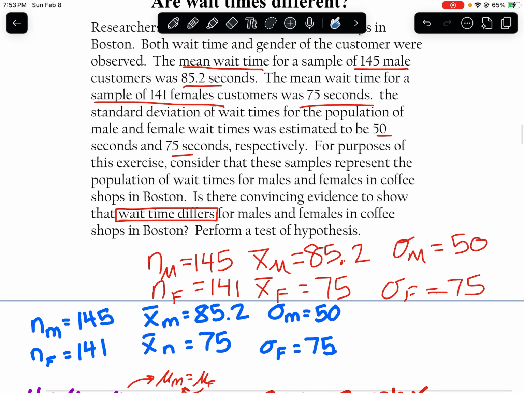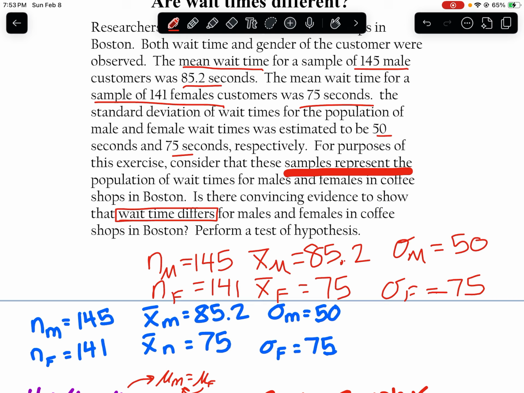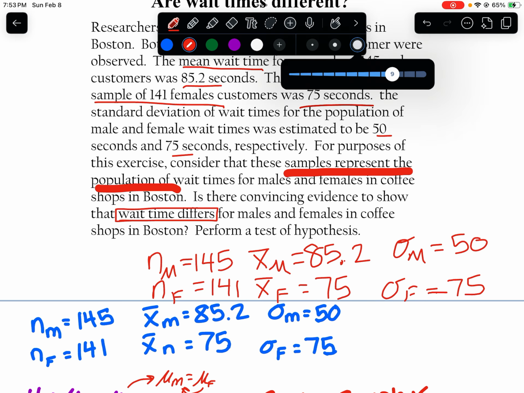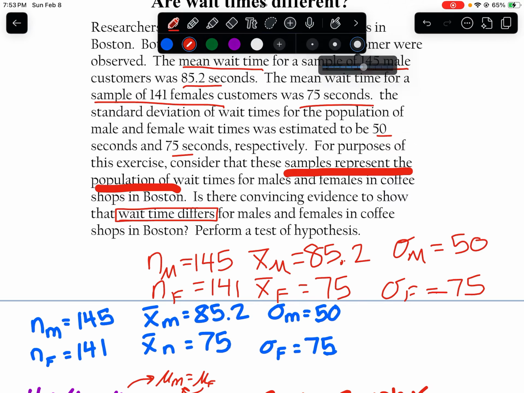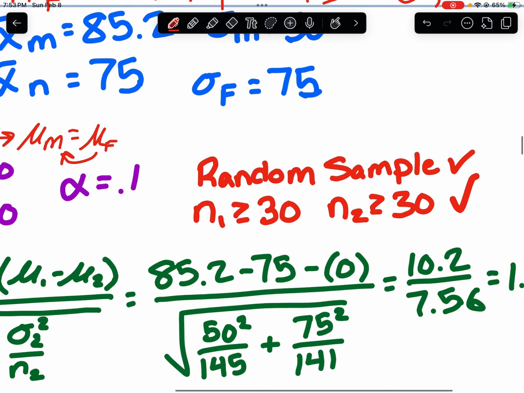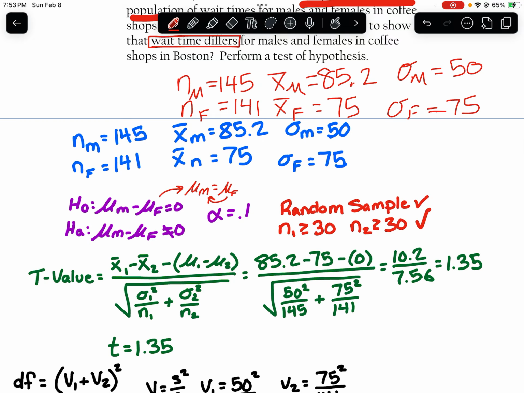We weren't given the random piece, I don't believe, but we are told that for purposes of this problem, consider these samples to represent the population. So they are representative, which is ultimately what we want. Usually randomness gives us that representative aspect. And our sample sizes are both definitely over 30, so we can check that off too.